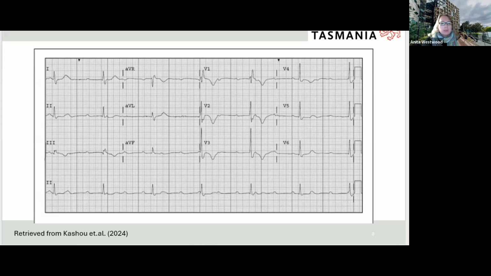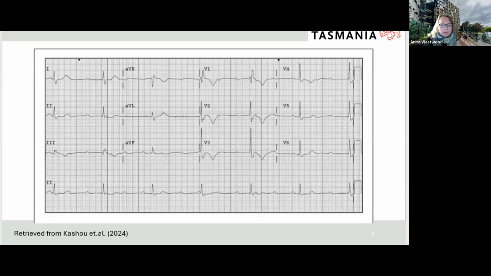Those QRSs are equidistant from each other, aren't they? Okay, yeah, well then it's not third degree if we have a regular independent P wave pattern and a regular independent QRS pattern, we just have atrioventricular block. So then we have our SA node working perfectly, we have our bundle branches working, but we just don't have that connection at the AV node. Correct, yeah.